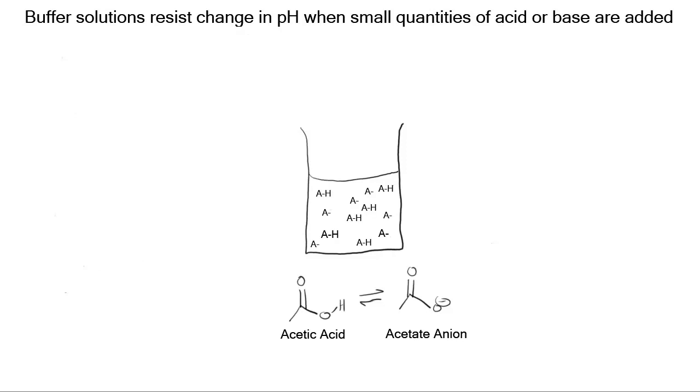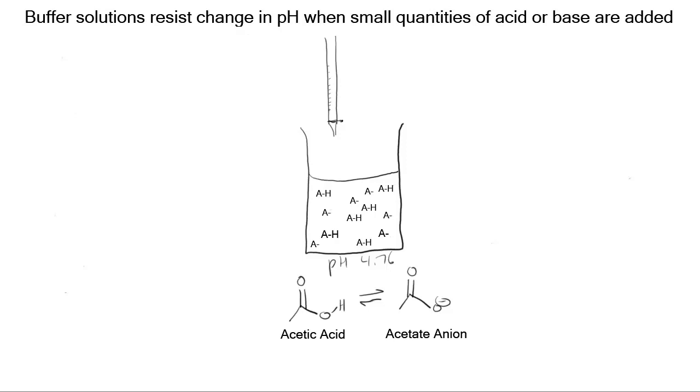We have thousands and thousands of these molecules in our solution, and at this point we have a 50-50 mix, so we have an equilibrium of 50% acetic acid and 50% acetate anion in our beaker, which now represents a great buffer solution. The pH of this aqueous solution is 4.76, so with an equal concentration of acetic acid and acetate anion, the pH of this solution is 4.76.